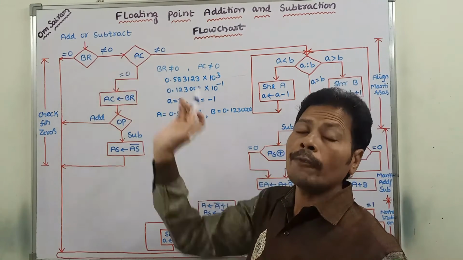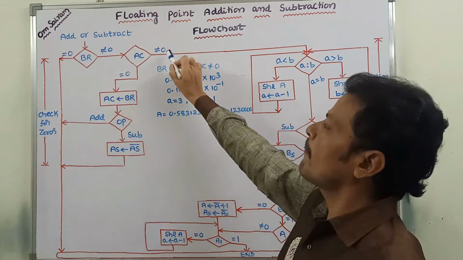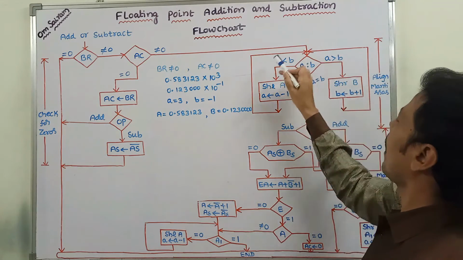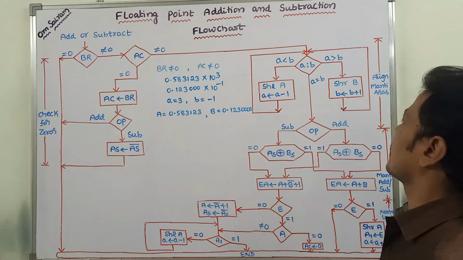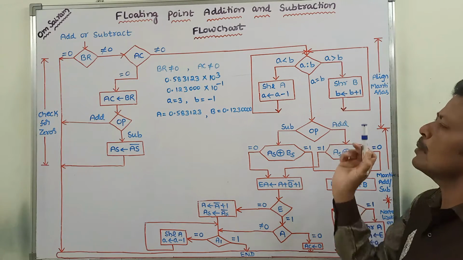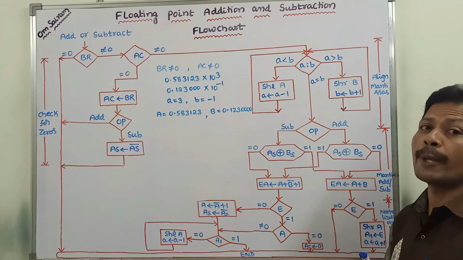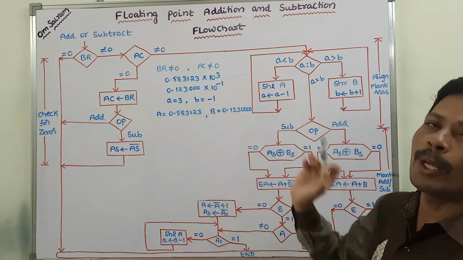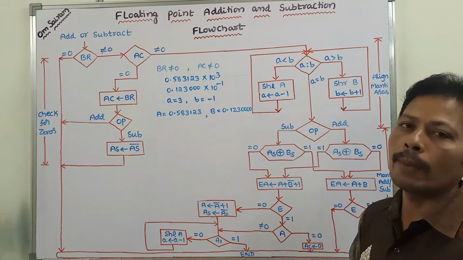When the BR value is not equal to 0 and the AC value is not equal to 0, then we have to do this process. First, we have to check the exponents of two floating point numbers. This is the first floating point number and this is the second floating point number.